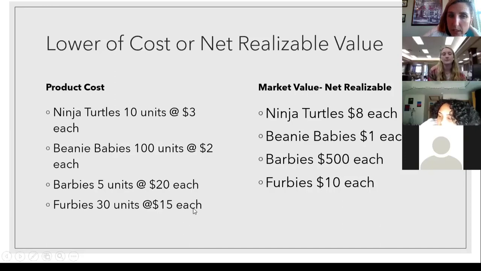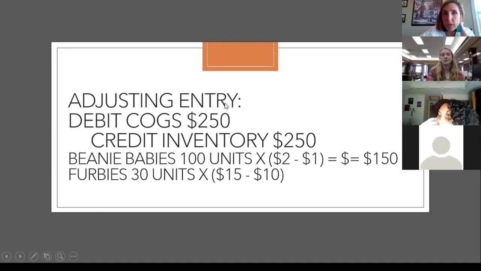Then on the Furbies, there are 30 of them, and they have each lost $5 of value. So it'd be 30 times 5, a $150 adjustment. So really your journal entry would say I debit cost of goods sold for $250 and I credit inventory. I decrease the value in the inventory account when I have to adjust for the lower market value.